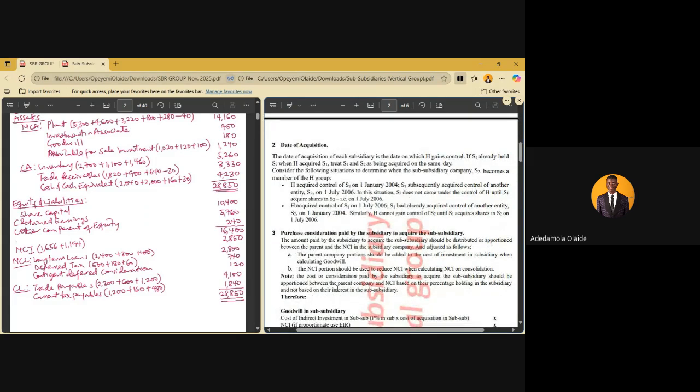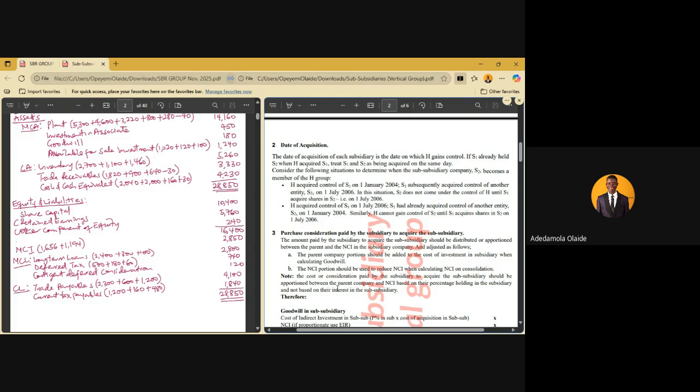So the next thing is purchase consideration. Whatever purchase consideration the subsidiary pays to acquire the sub-subsidiary will be apportioned between the parent, which is the ultimate parent now, A, and the NCI in the subsidiary, which is B now.